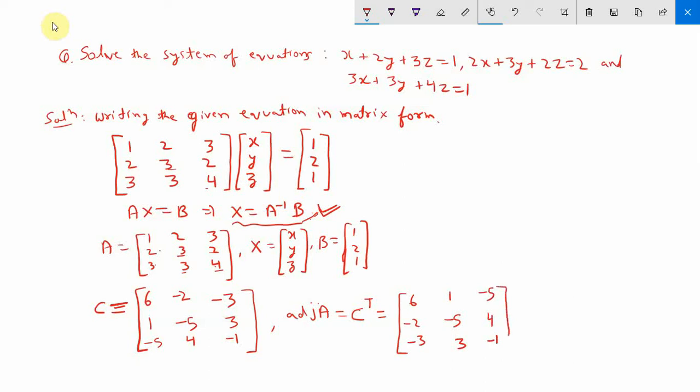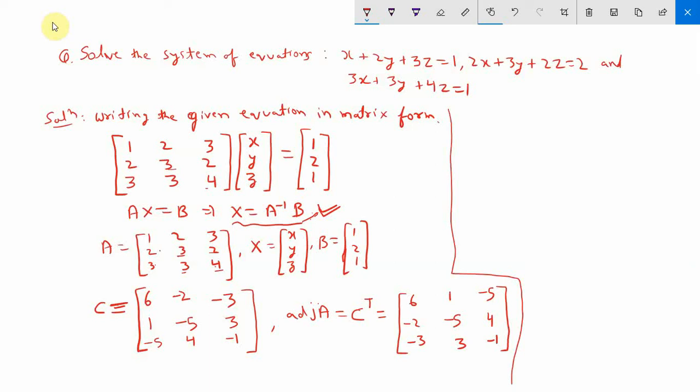We have already discussed how to find the transpose of a matrix. If you don't remember, please go through the previous lectures on matrices so that you can easily understand this. Okay, friends. Now we have found the adjoint of A.